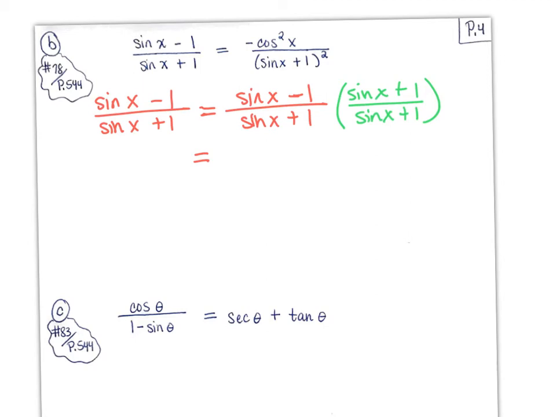So you'll end up with sine x times sine x, which is what? Sine x squared. Do you prefer to see it like sine x quantity squared or sine squared x? Sine squared x. Okay, they're the same exact thing, it's just a matter of preference.